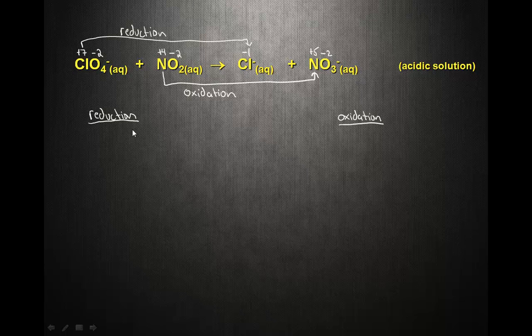So with the reduction, hopefully by now you understand that when you have a reduction, the electrons are going to be on the reactant side of the half reaction. And if you don't know what I mean, take a look up at the example in the A part where I said balancing simple half reactions. If you look at the reduction half reaction, you see that you have 2 electrons beside the Cl2. So it's on the reactant side.